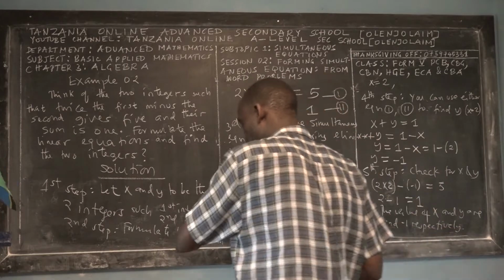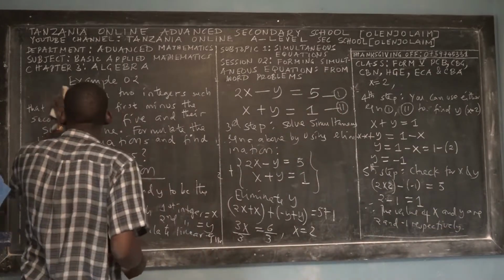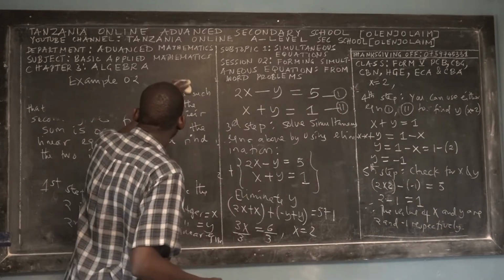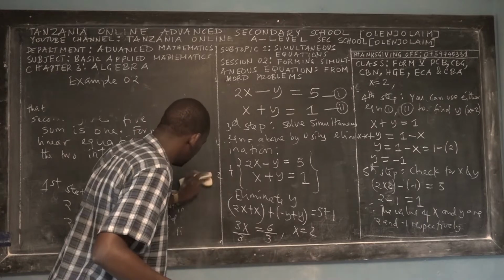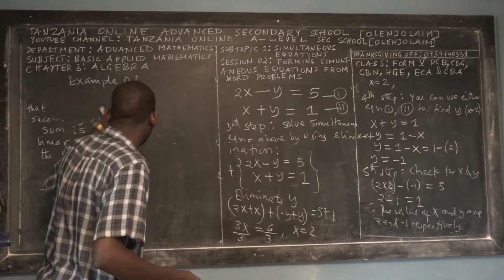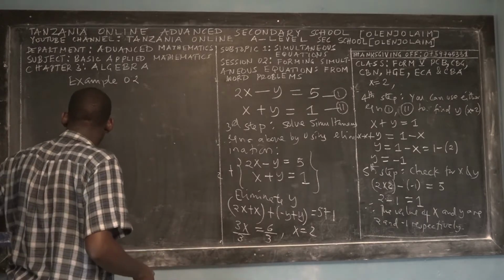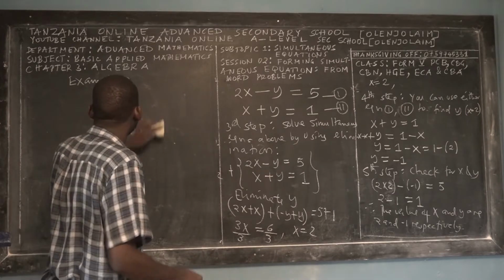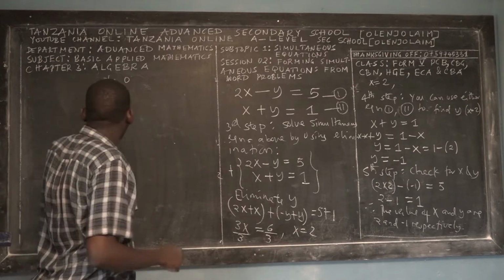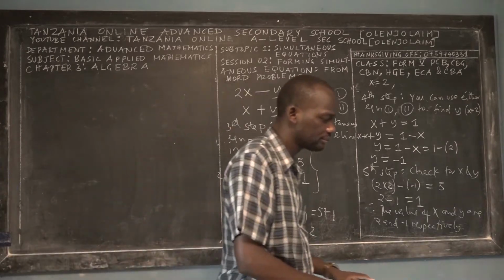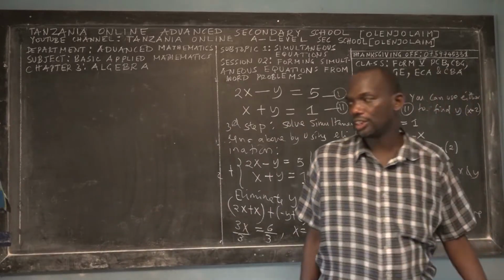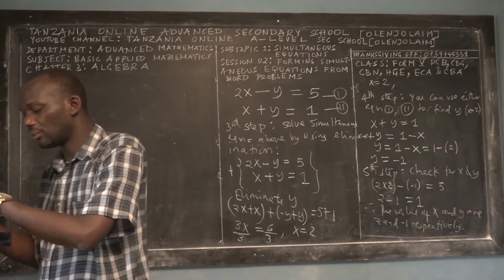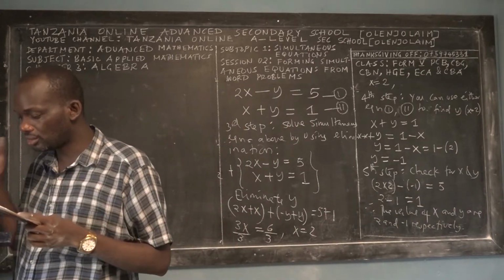So I believe that you have enjoyed it, and we are ready now to be tested, because you can tackle different questions now. So before I take you to example 3, I would like to spend a few minutes to explain, because for example 3, I want to use another method.